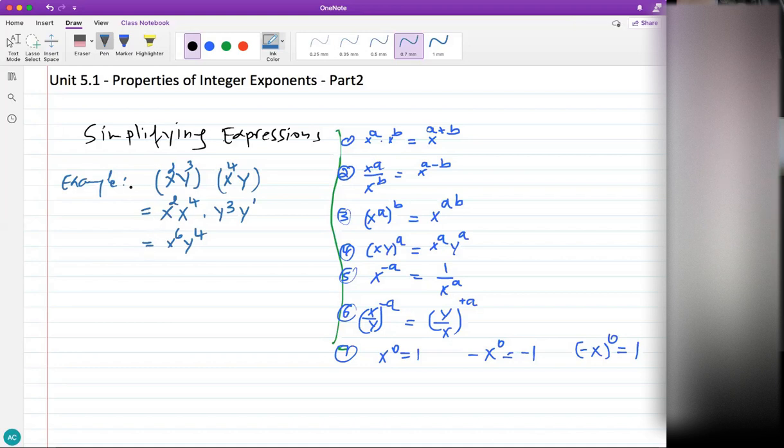It is also possible to have some numbers here, just regular coefficients in front of the variables. And you may have a mix of powers here, negatives and positives. For instance, you may have, let's say, negative 3xy times maybe 4 and xy.